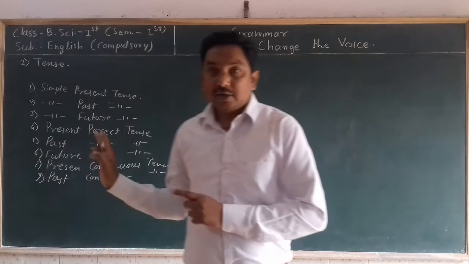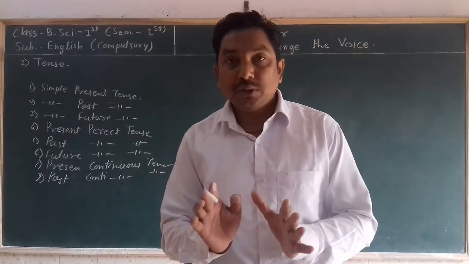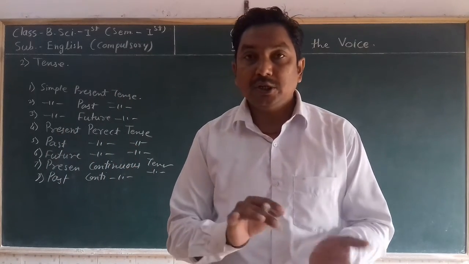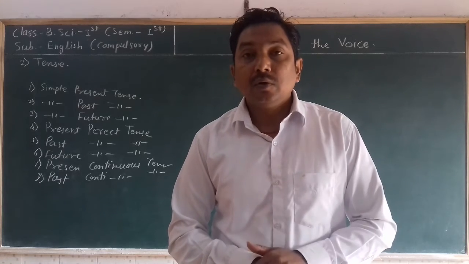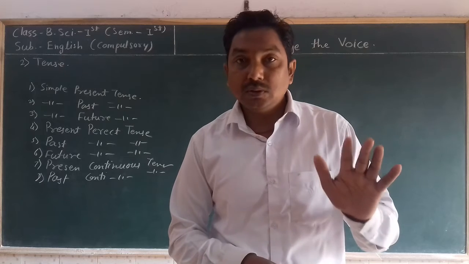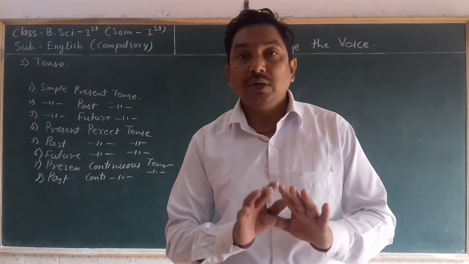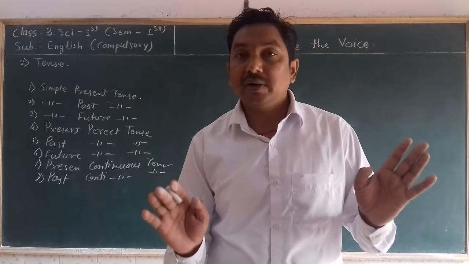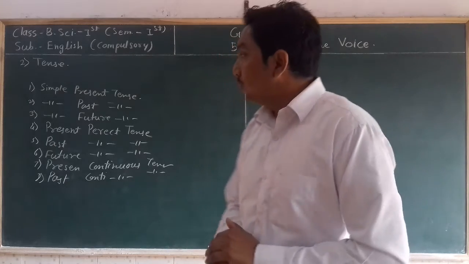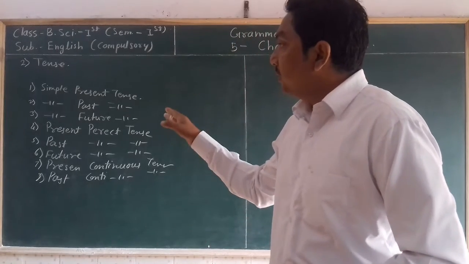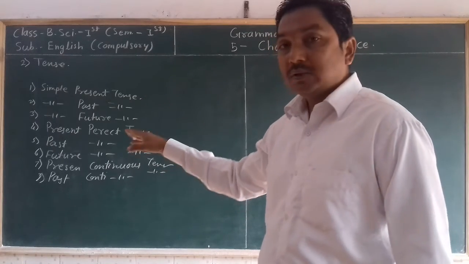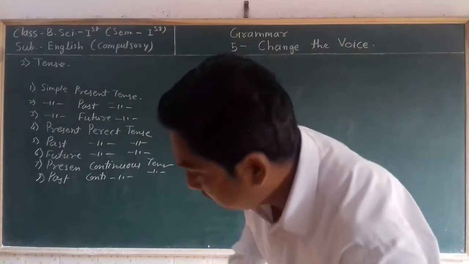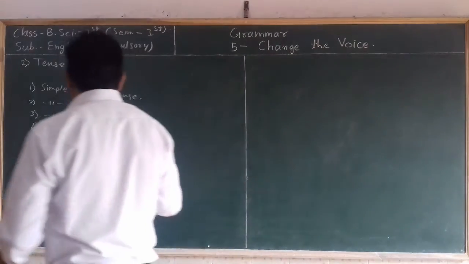These are the 8 tenses which we can transform or change from active voice to passive voice, and the remaining 4 tenses, those sentences of tenses, we cannot transform from active voice to passive voice. So, in tenses, we are going to learn how these 8 tenses we can transform from active voice to passive voice.